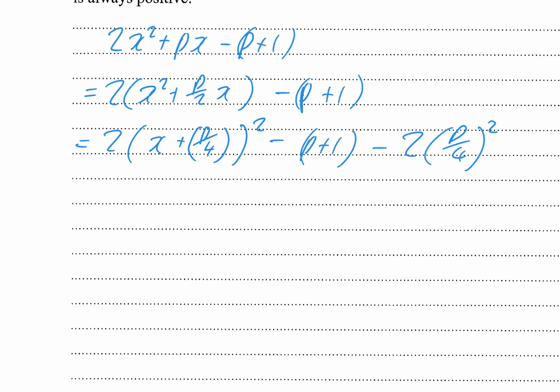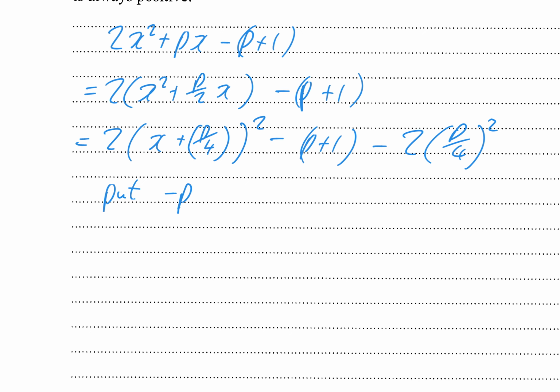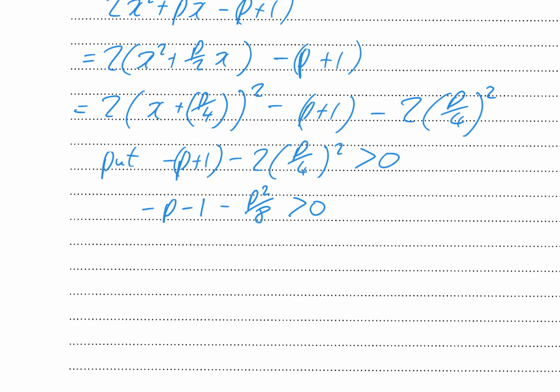So we need to say minus p plus 1 minus 2 of p over 4 squared greater than 0. So let's just do that out. That's minus p minus 1 minus p squared over 16 times 2. It's going to be p squared over 8. Put that greater than 0.